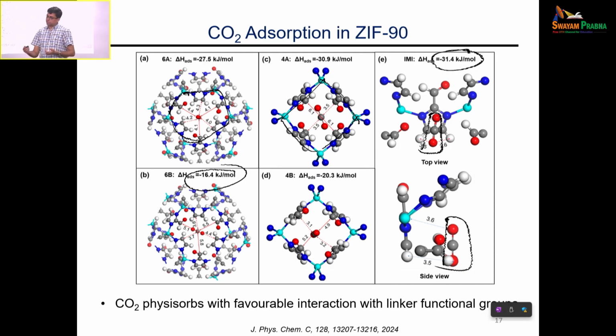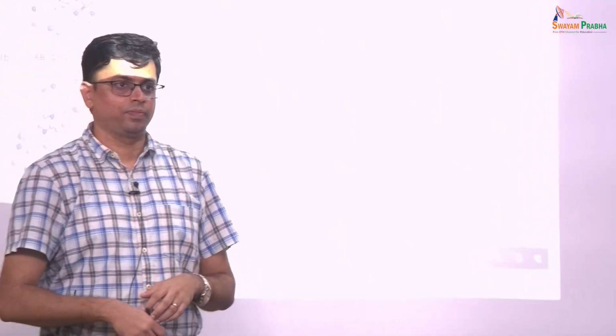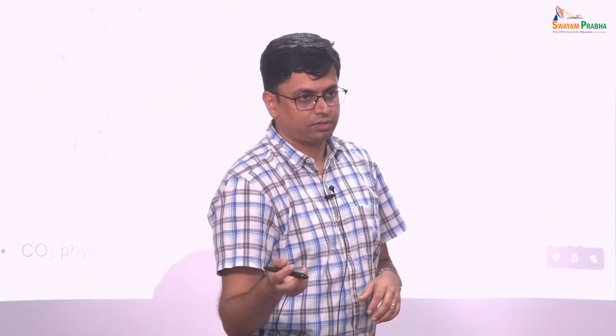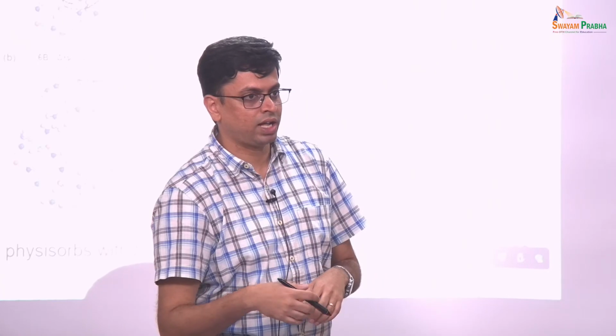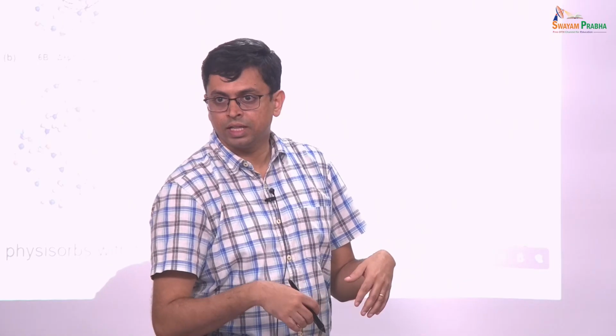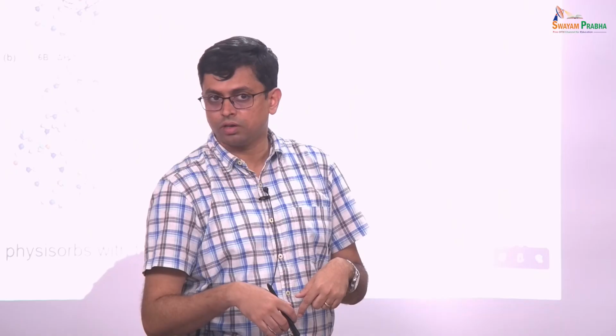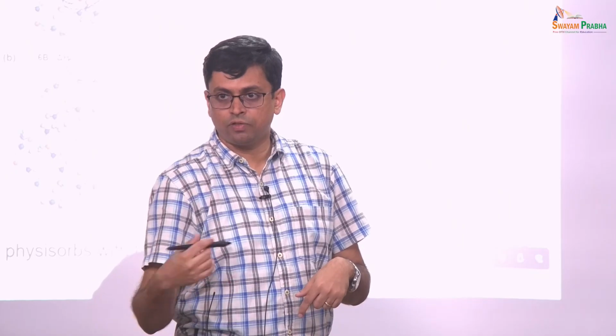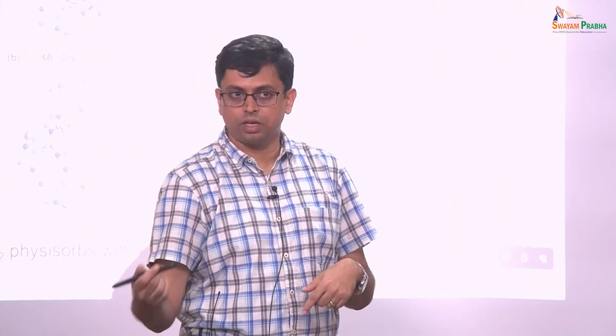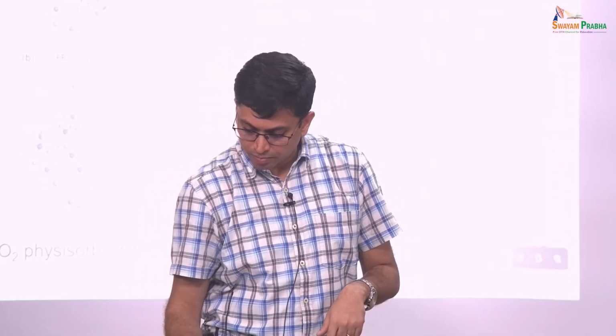Now, if you know this, if you need to design materials, what do you need to do? You do not need to change your metal, you basically need to figure out what organic linkers can interact more strongly with your CO2. What functional groups in your linkers will change the adsorption? I do not have it on the slide. So, you have a CHO group here.